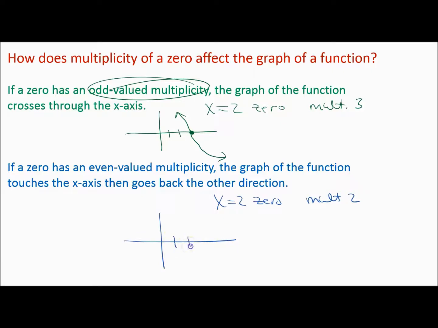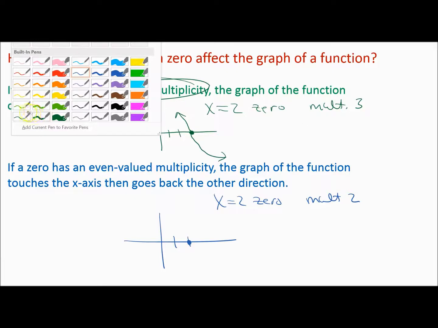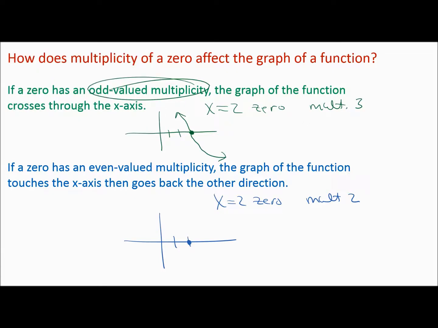So here's x equals 2 on the graph, and notice that last one I did, I plotted it at x equals 3, but I meant that to be x equals 2, so I'm attempting to fix that. There we go.